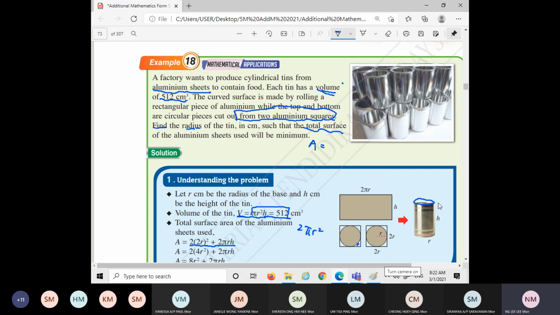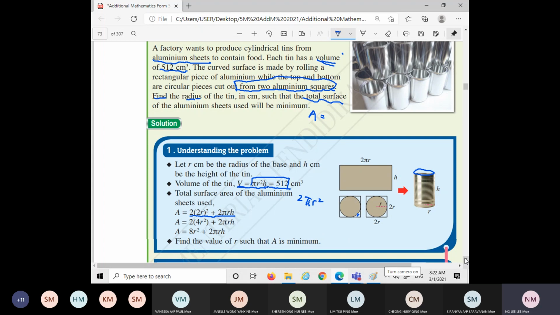You imagine this circumference when you open up will be the length of this rectangle. So what is the formula for the circumference of a circle? 2 pi r. Therefore this is a rectangle. How to get the area? The length times the width. So 2 pi r times the height. Okay, 2 pi r h. So this is the formula we have.